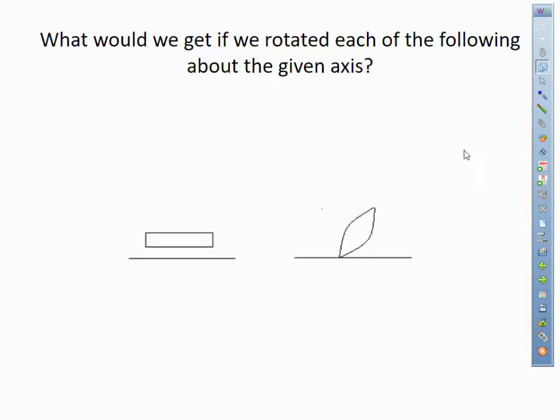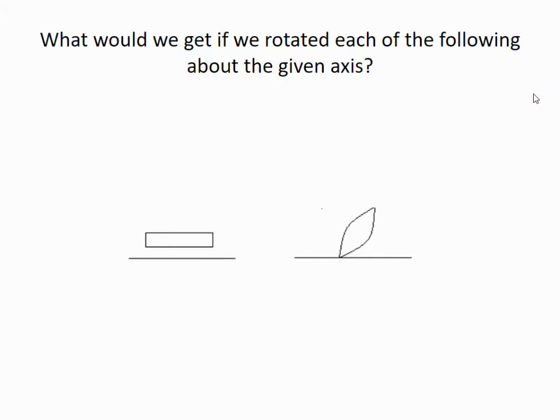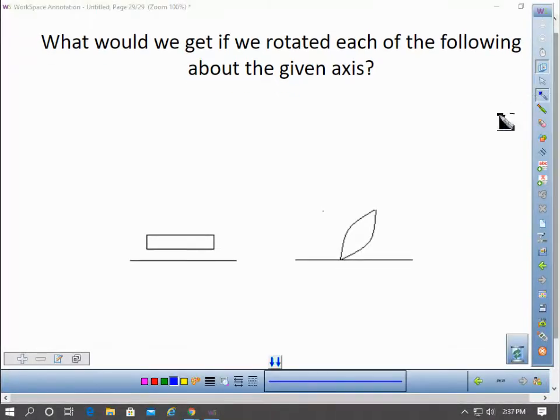So what's different with what we're doing today, or in this part of the lesson, is that what you're rotating does not touch your line. Or if it touches it, it doesn't touch it along the whole edge. It may just touch it in one little point, and then it goes off the line.